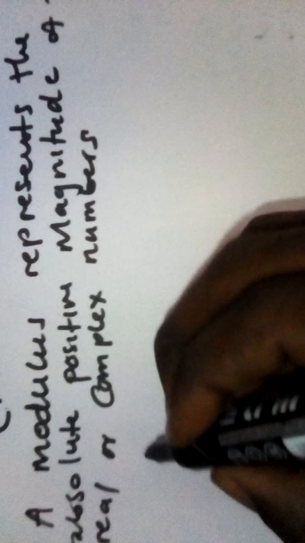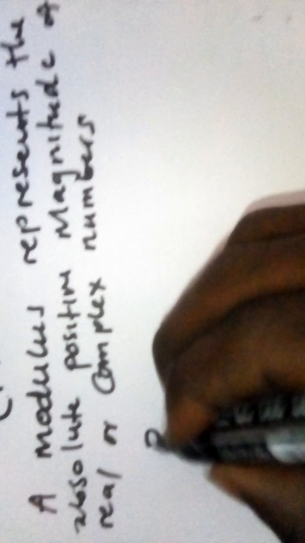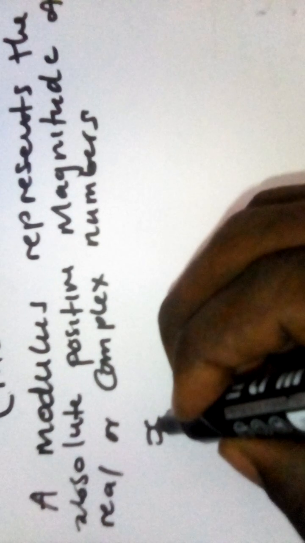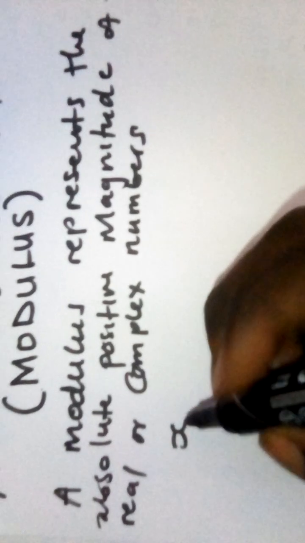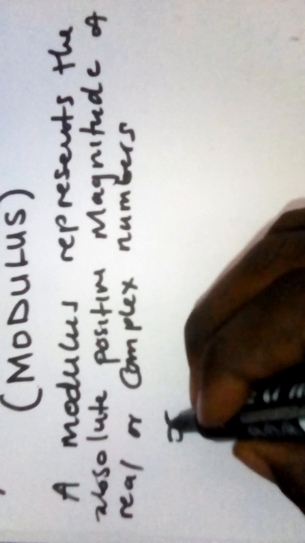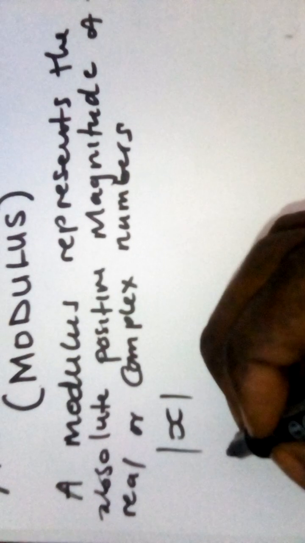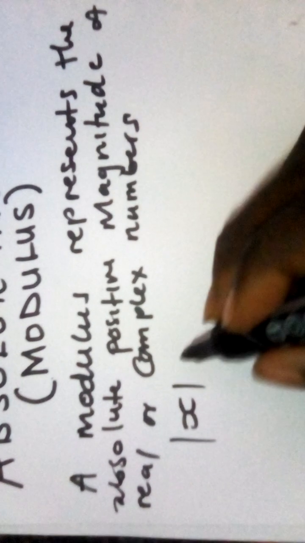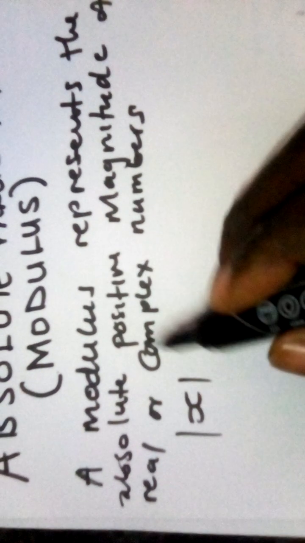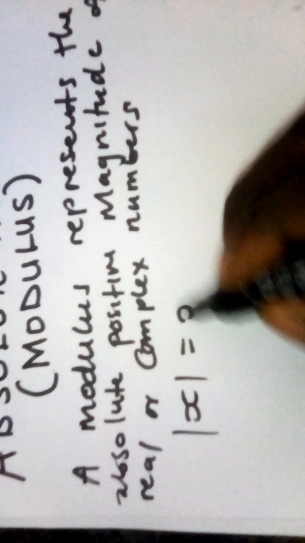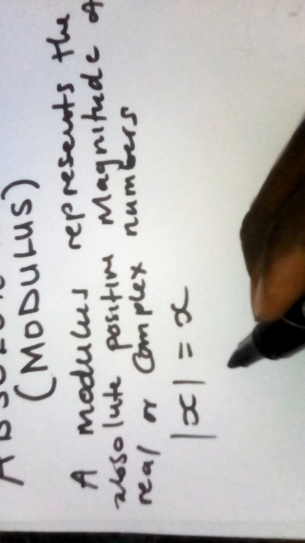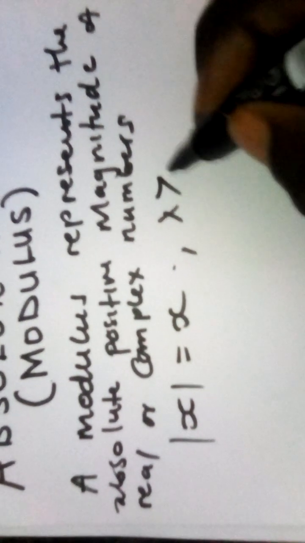For example, if we say the absolute value of x, representing any number, to show that this is an absolute value we use this symbol here. So the absolute value of x, according to this statement, is simply x, where x is greater than or equal to 0.